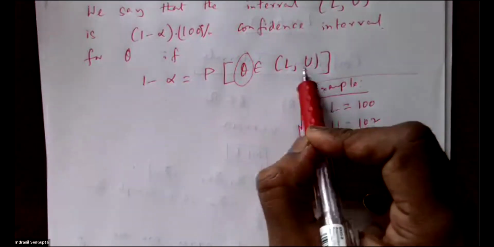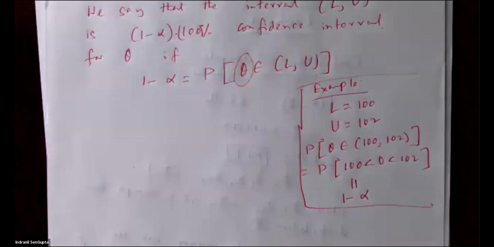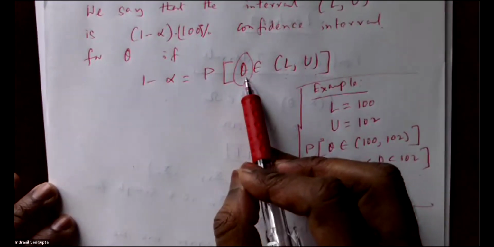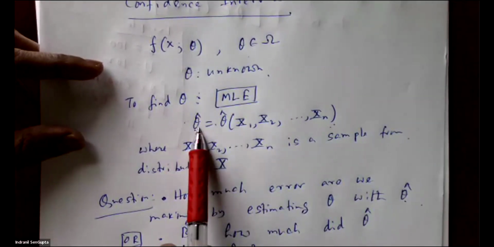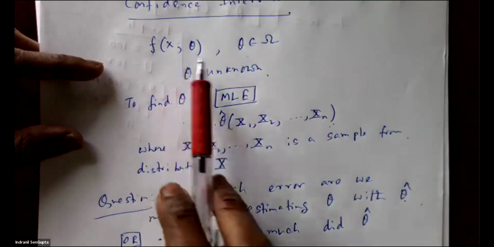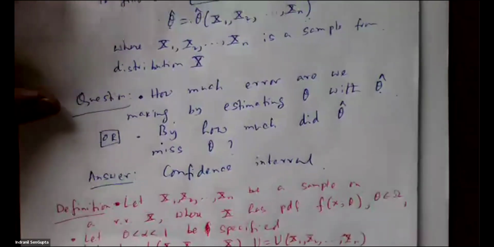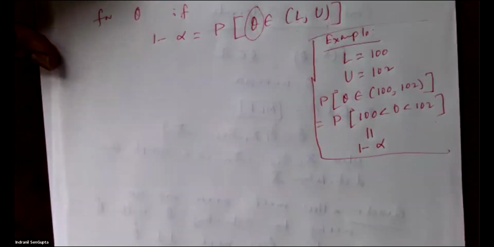What's the probability that it is between those two values? And that is the answer. So we are trying to estimate where the real theta is. Because whatever we can observe or compute is this theta hat, right? We cannot see the real one, it's unknown, so there is a difference. That difference is encoded in this confidence interval. We'll see this a little better when we do some examples.